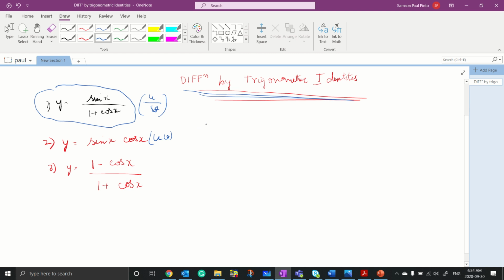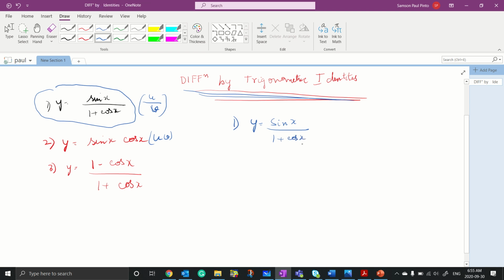Let's start the problems. I'm going to discuss the first problem with you: you have to find the differentiation of y equal to sine x by 1 plus cos x.